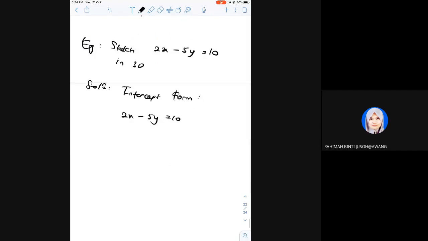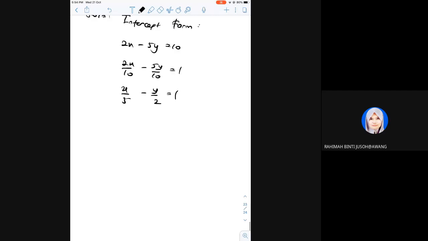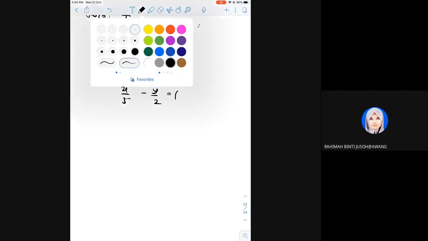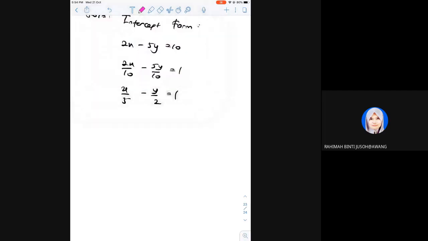So we divide everything by 10. We get 2x over 10 minus 5y over 10 equals to 1. So of course this is equivalent to x over 5 minus y over 2 equals to 1. Alright, so now in 3D, okay, soalan ni nak dalam 3D. So buat paksi 3D.